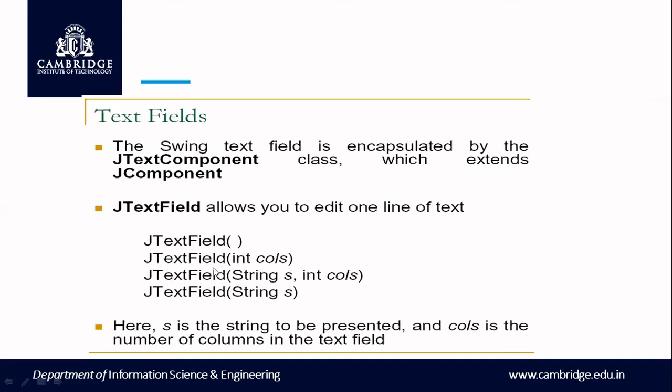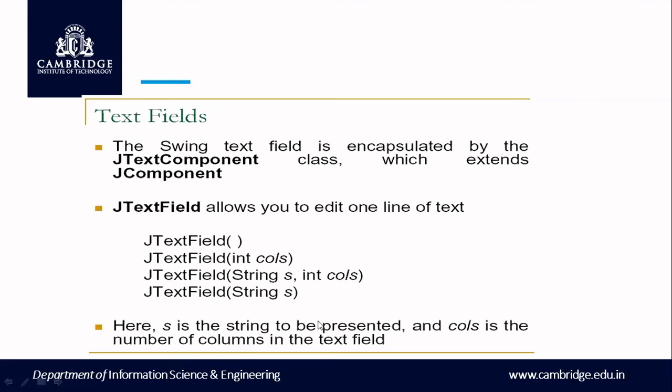Now these are the different constructors present inside JTextField. JTextField without any parameters is the default constructor. Another accepts a parameter called cols. What does cols stand for? Number of columns. Please understand there is only one line, one row, but there can be different columns. It just tells you how many characters are allowed in your text field. Next is JTextField(String s, int cols).